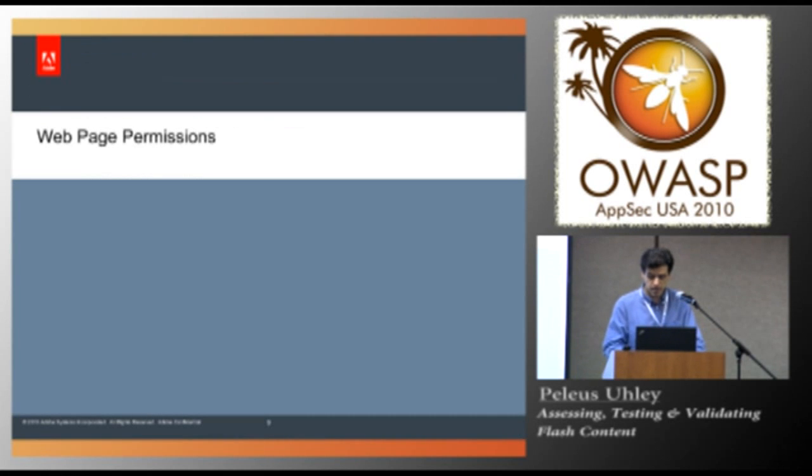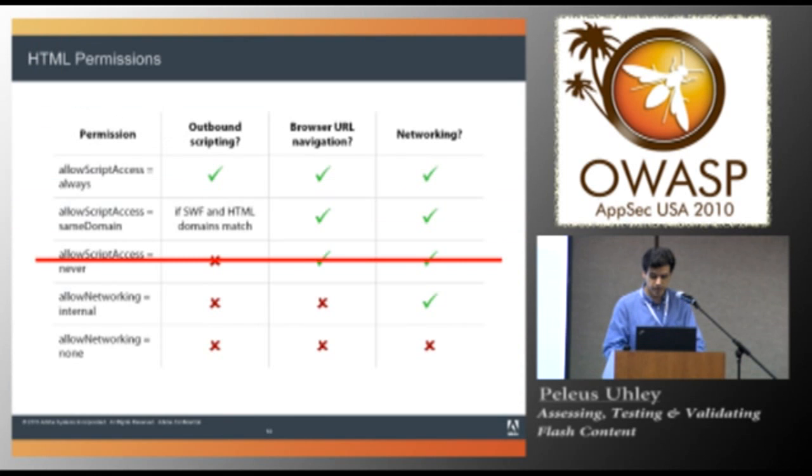So let's start with the very basic of Flash. That's web page permissions. Whether or not a SWF can talk to its surrounding container, whether it can talk to the HTML that has loaded it, all depends on what the allowScriptAccess setting is that was set on the object tag. By default, Flash can only talk to the HTML and the JavaScript DOM if the SWF and the HTML page were hosted on the same domain.